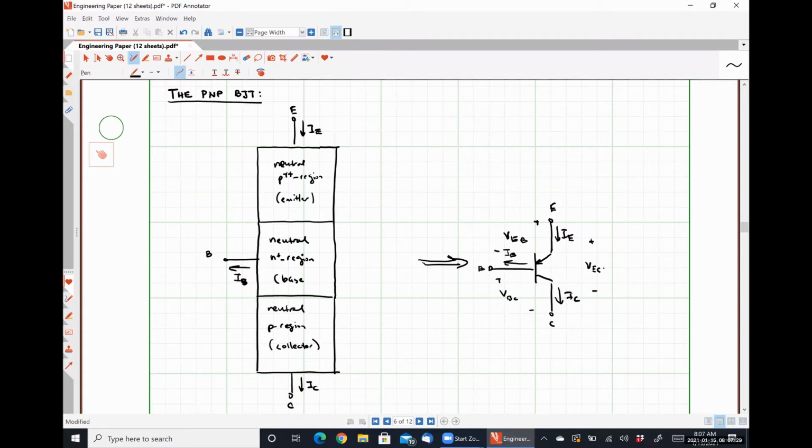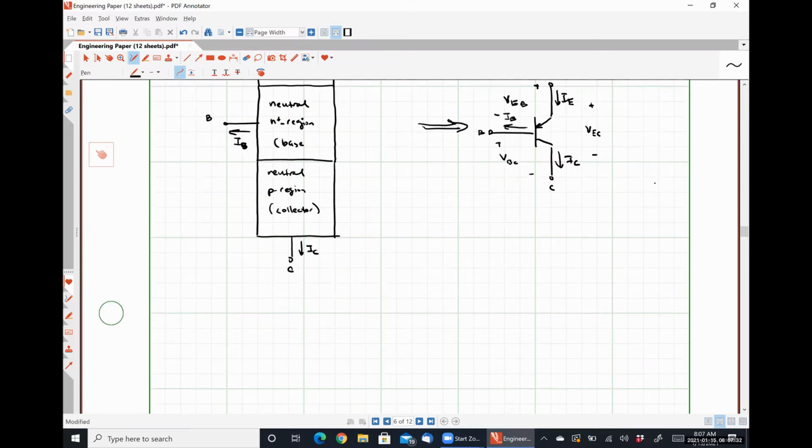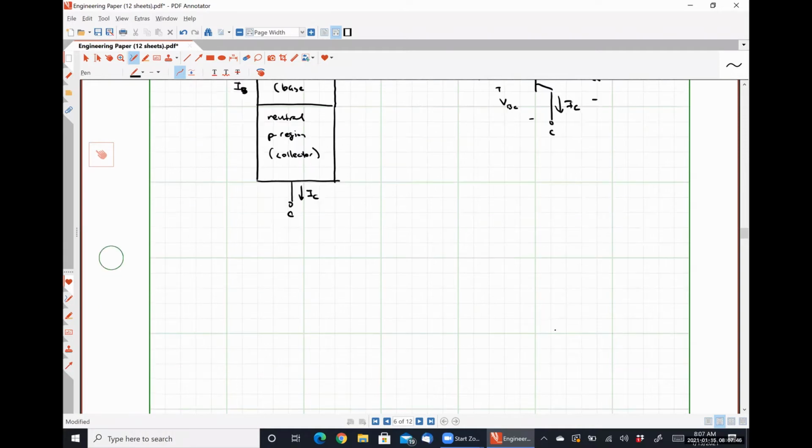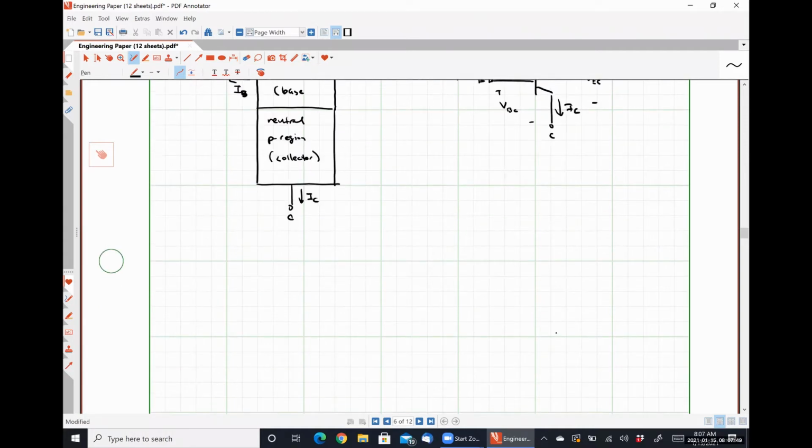So for a PNP BJT, we can develop another table just like we did previously for the NPN, letting us know what all the different relationship possibilities are that tell us in what mode the device is operating. So for PNP transistors, if we put our applied voltage here, our junction bias here, to the base emitter junction and the base collector junction.